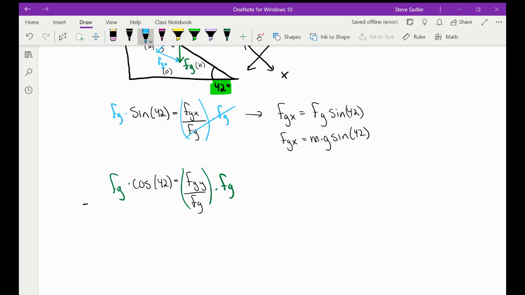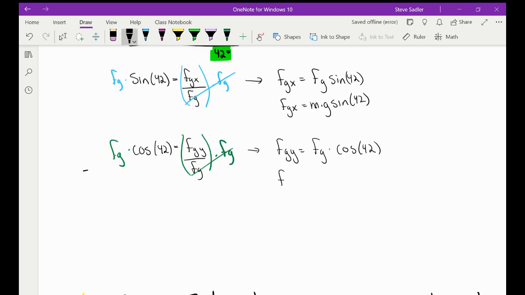And we see that if that cancels, we get, well, our FGY is going to be FG multiplied by cos of our angle, or our inclined plane. And we know FG is going to be m times g cos 42.